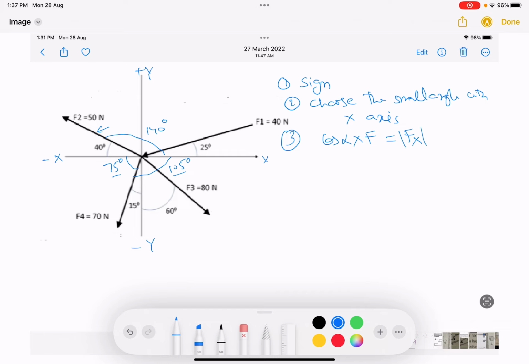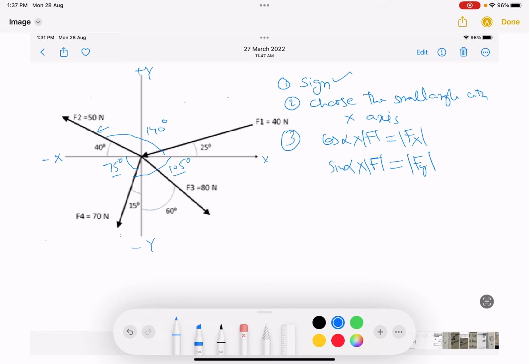And then you apply the sign, then you will get the direction also. Sign means the direction which you have determined in the first step. And sine of that small angle into the magnitude of the force will give you the magnitude of the force along y axis. So this is very simple, right?